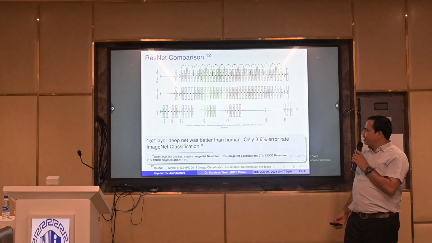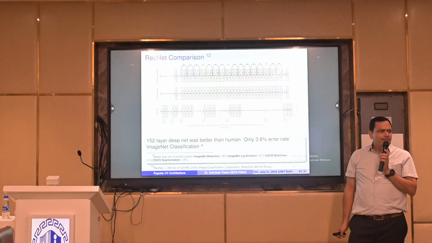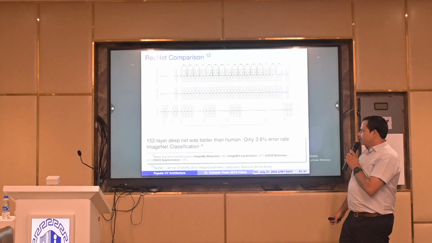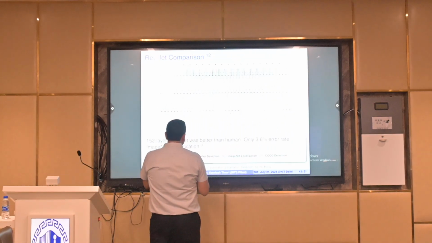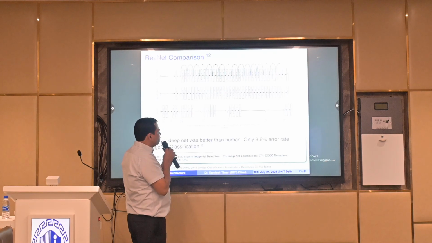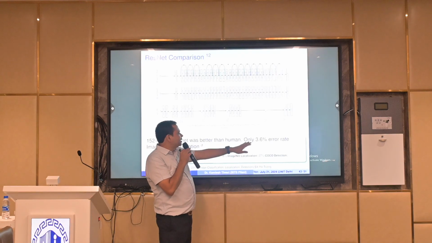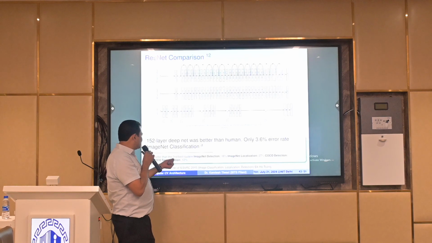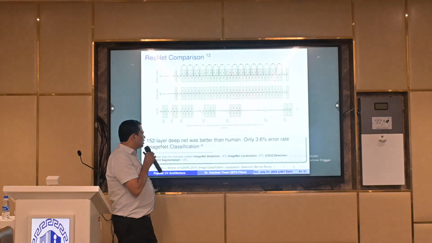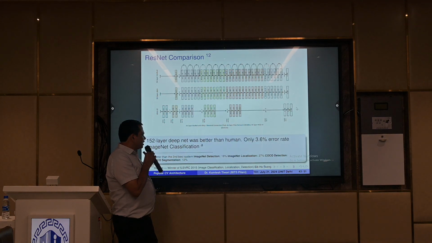Correct? And by this, the network was able to be trained. Okay? The 152 layer deep neural network of ResNet was better than the human and it has an error of 3.6%. It is better than the second best system on image detection. You can see that.